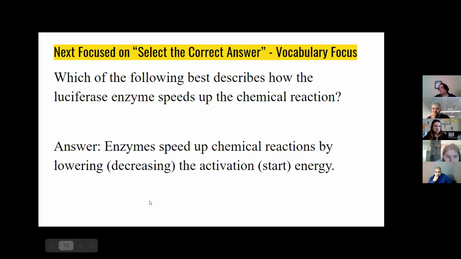Some of them would get confused by the word decreasing. So we would come up with our answer and then look at other words that would still be a correct answer. Having them list synonyms for words so they could find those synonyms in their answer choices and understand that it's still a correct answer, even though I said lower and the question said decrease. Same thing.